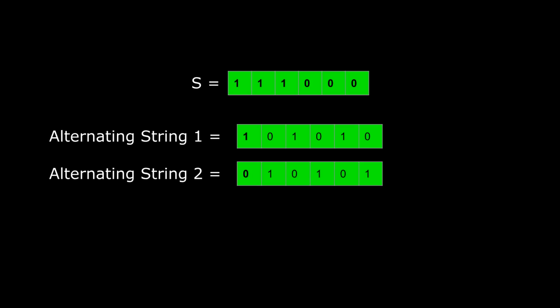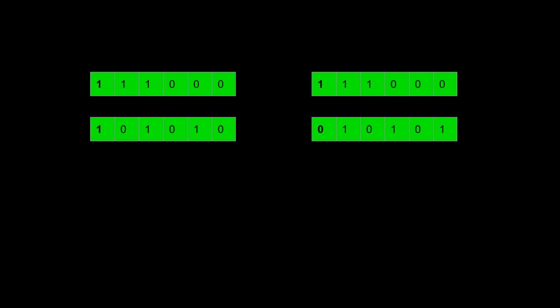For any binary string, if we have to make it an alternating binary string, how many characters do we have to flip? How can we calculate that? To calculate the number of flips, we basically compare the given binary string with the possible alternating binary strings.